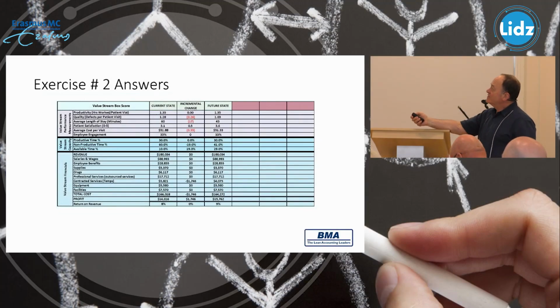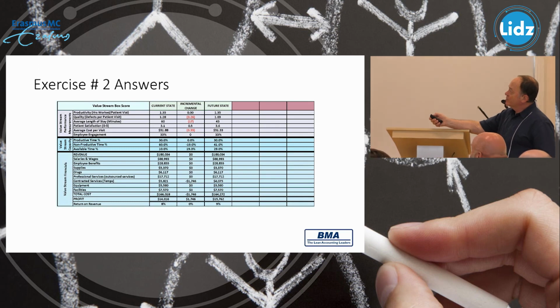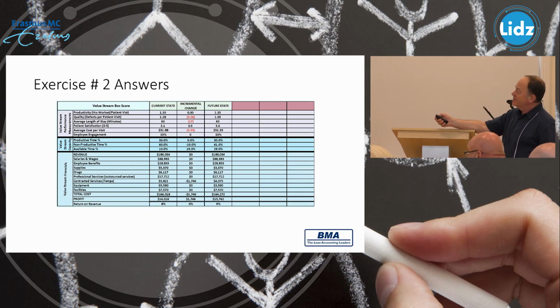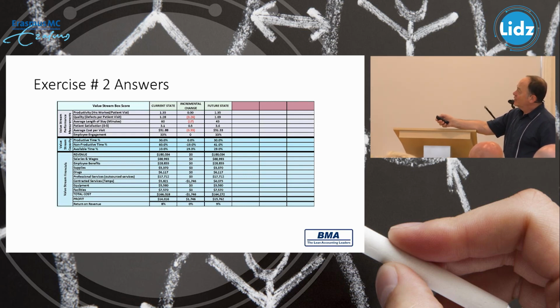Our productivity stays the same. We see an improvement in quality to 1.03 because we have fewer defects, same number of patient visits. Length of stay goes down to 43 minutes. Patient satisfaction goes up to about 3.6. Don't worry about employee engagement.